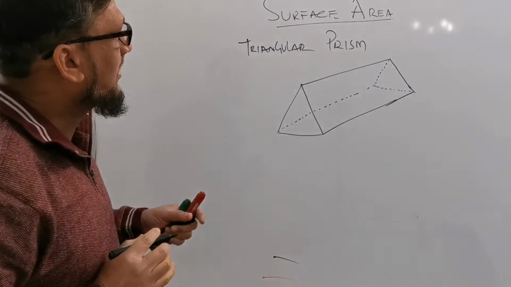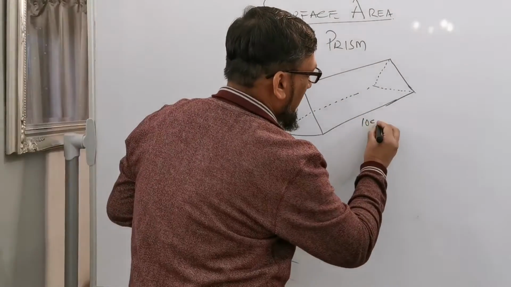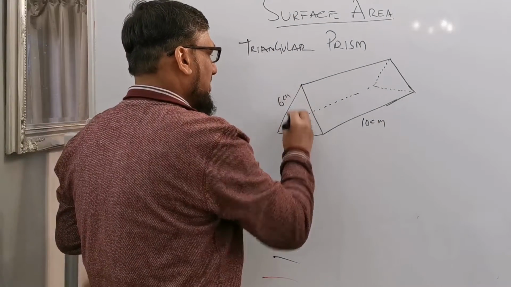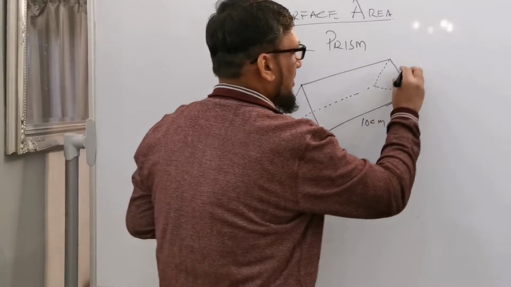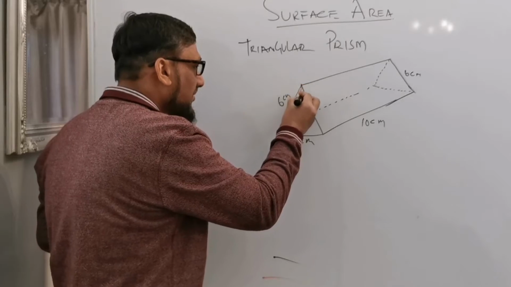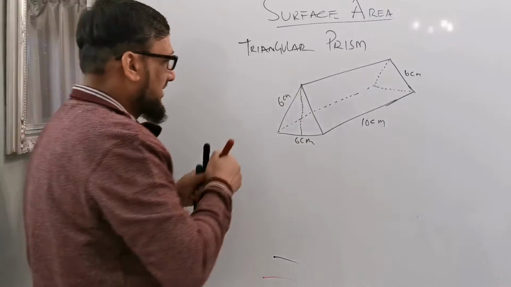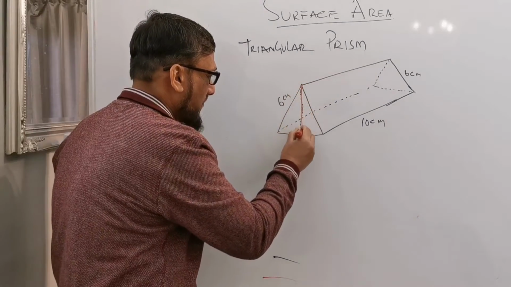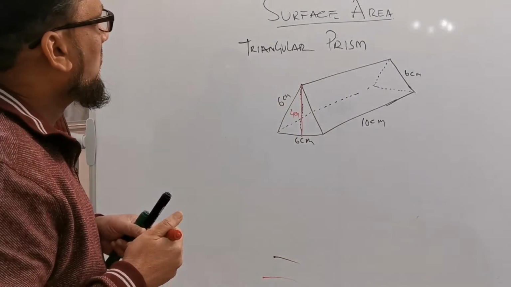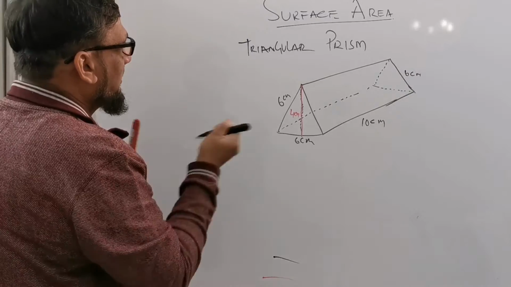So this is a prism, and if I say this is 10 centimeter, and the width is 6 centimeter, all sides 6 centimeter, and the height of this triangle is 4 centimeter. So find the surface area for this prism.